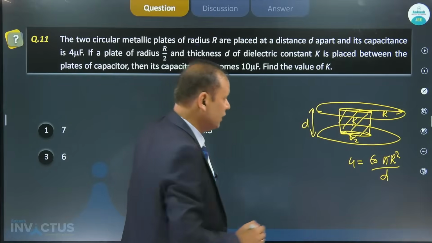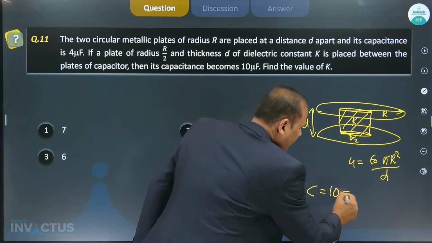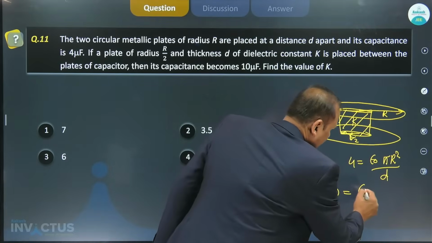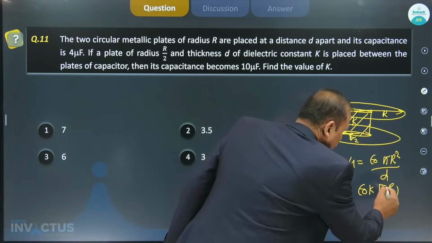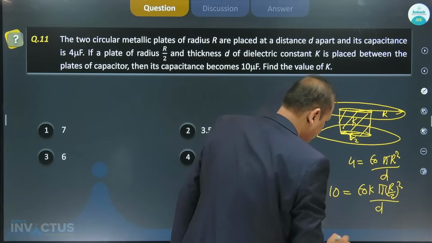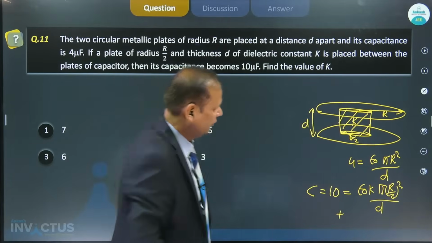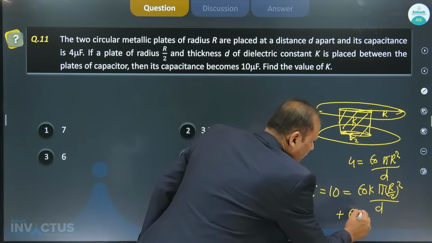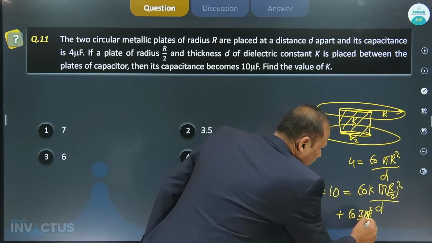Then capacitance C is equal to 10 and it is equal to epsilon naught k pi (r by 2) whole square divided by d plus remaining area epsilon naught 3 pi r square by 4d.